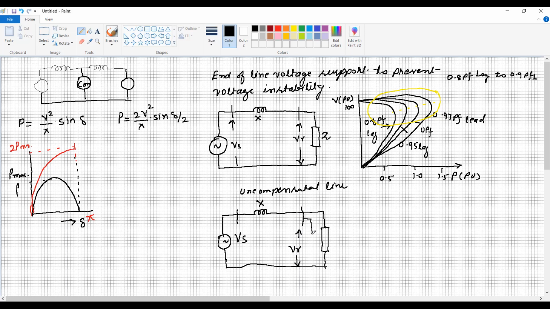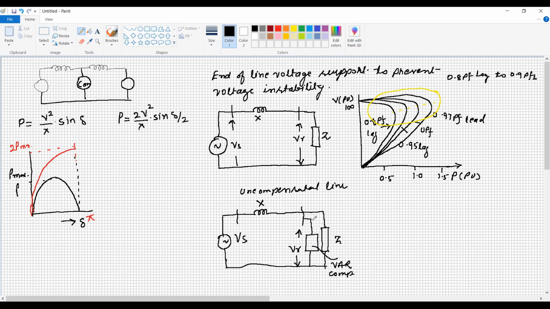Here we have connected ideal compensation, or VAR compensation, static VAR compensation. So this is static VAR compensation. We are representing it as Z, and it is, say, the VAR compensator. Static VAR compensator is there.